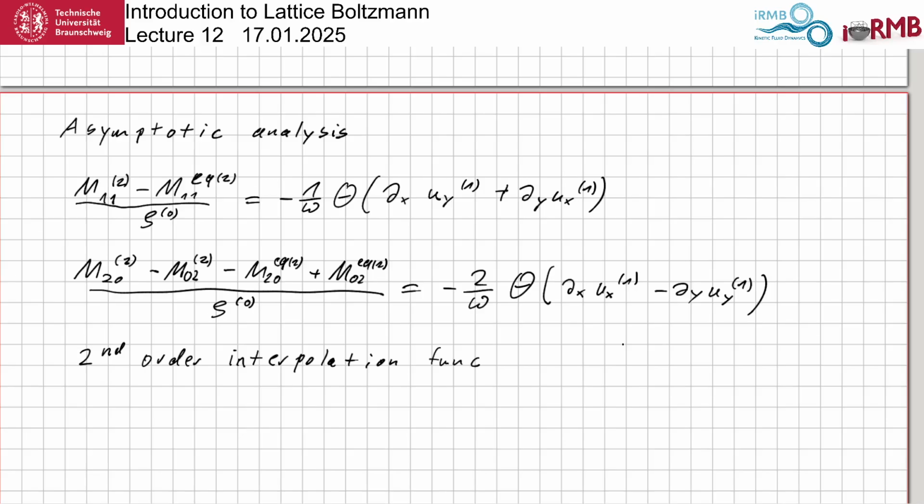So, interpolation functions for velocity. I say that ux at position x and y, in two dimensions, can be written as a0 plus ax times x plus ay times y plus axy times xy.